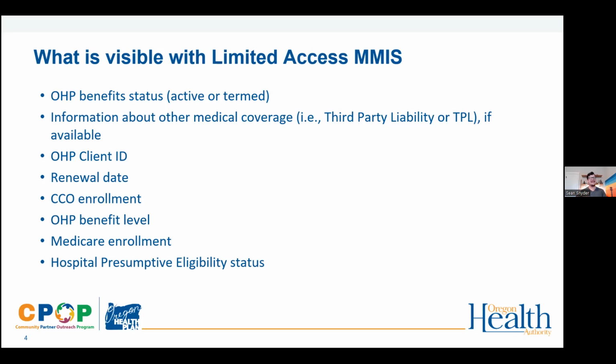Their OHP client ID, which is their OHP medical ID number, renewal dates, CCO enrollments, and OHP benefit level. Sometimes folks don't have complete OHP, they might only have mental health services, or might only have dental services, as well as if they happen to have hospital presumptive eligibility. Anything else, Christina, to add there?